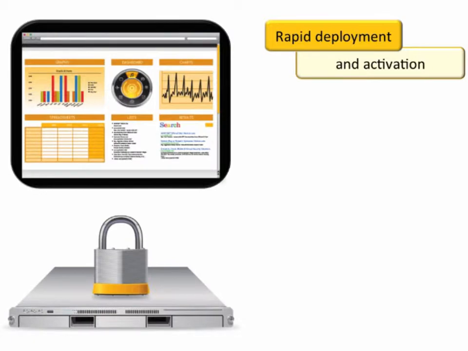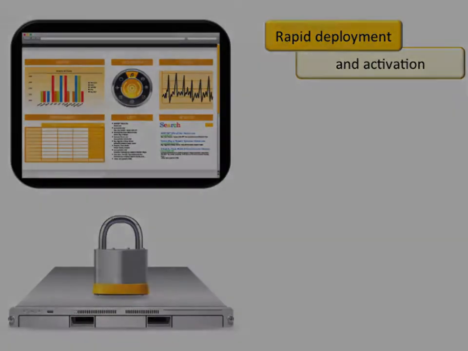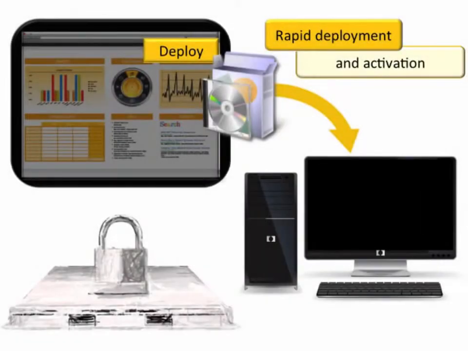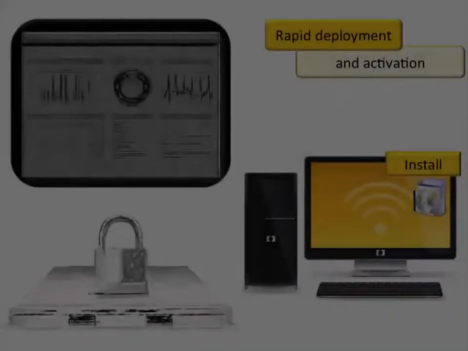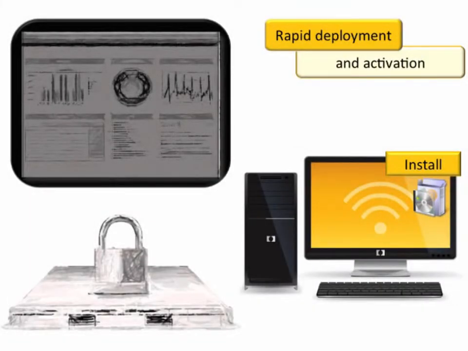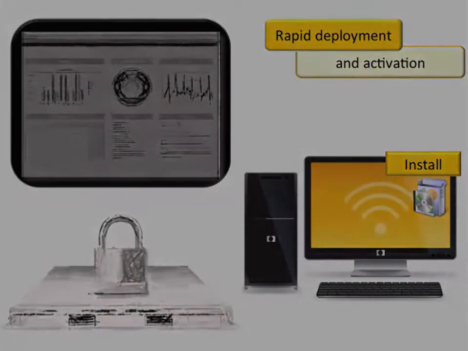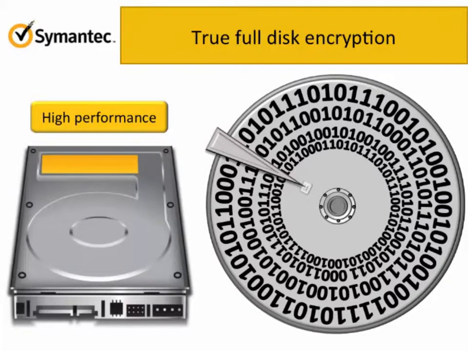Symantec Endpoint Encryption 11 allows for rapid deployment and activation of clients. Just download the appropriate MSI installer to the client and run the installation. After the client is installed, you can initiate true full disk encryption on the internal hard drives.